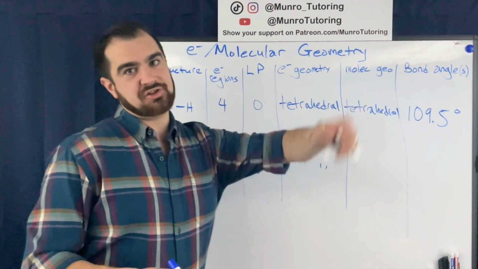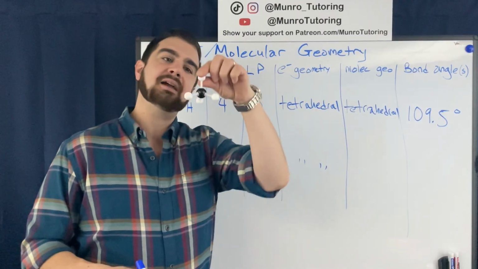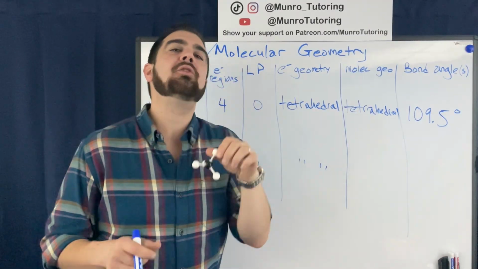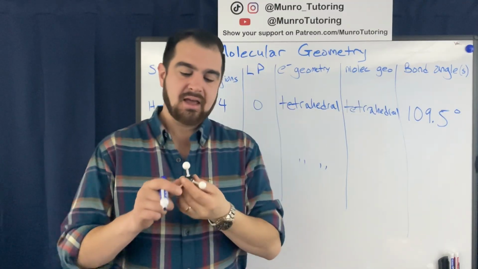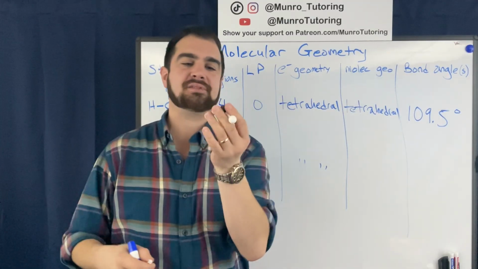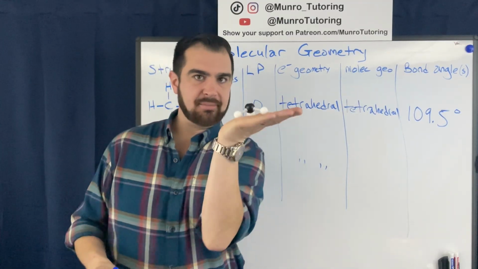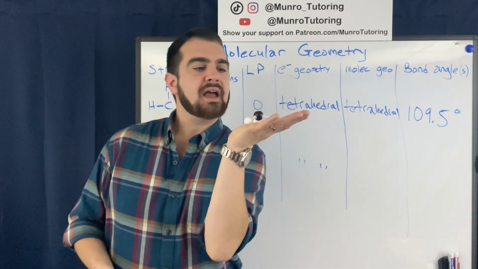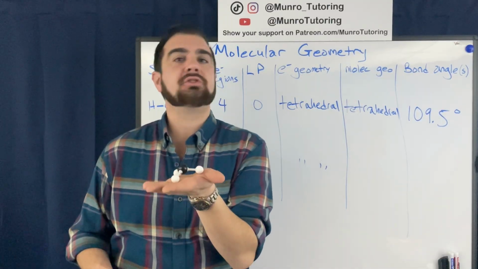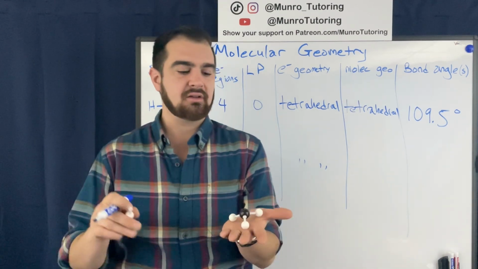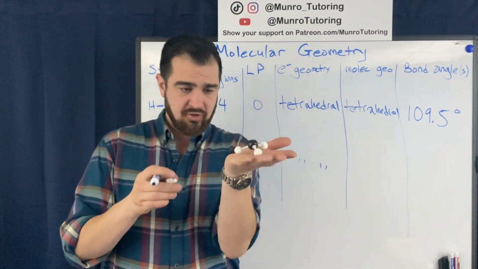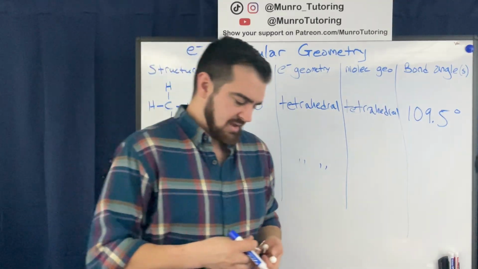But the molecular geometry is kind of like this, but the lone pair, we can think of it like an invisible atom. So if I just pop one of these atoms out, I end up with this shape. This shape is what we call trigonal, because there's three atoms, three things is trigonal, and then it's pyramidal because it forms a bit of a pyramid shape.